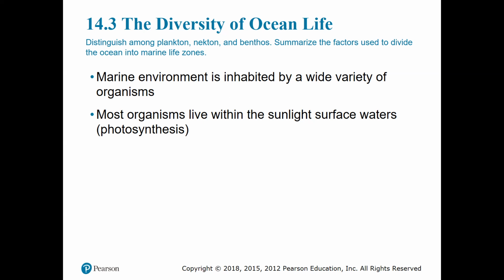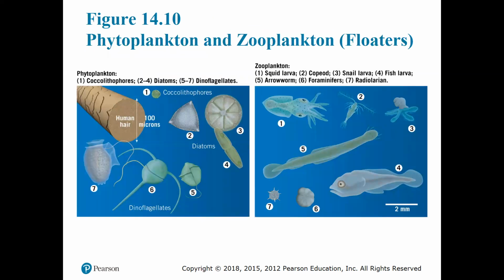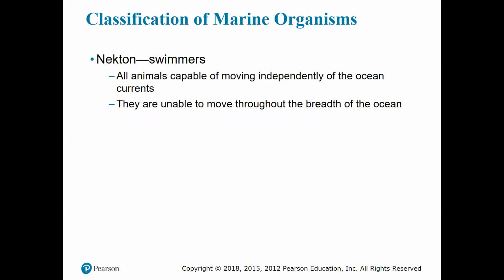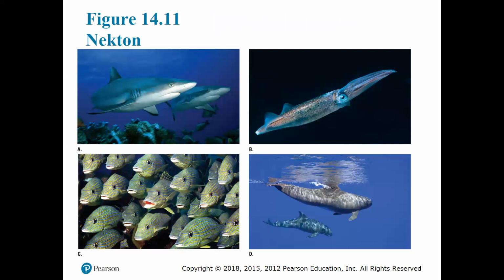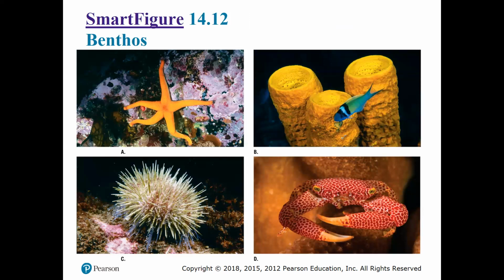So when we look at our different marine organisms, we can classify them in several different ways: where they live, how they move. And so we're going to look at three groups of marine organisms. We have plankton, and we can divide this into the phytoplankton and the zooplankton. We have nekton, which are the swimmers, and then we have the benthos, which are the bottom dwellers. So we'll watch another smart figure now to learn more about each one of these groups.